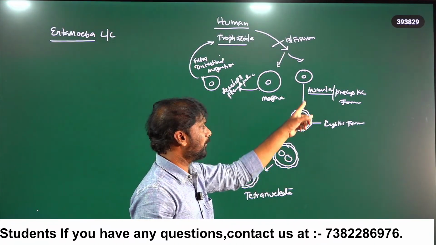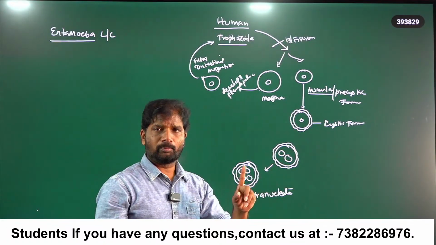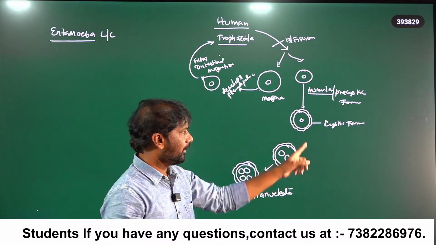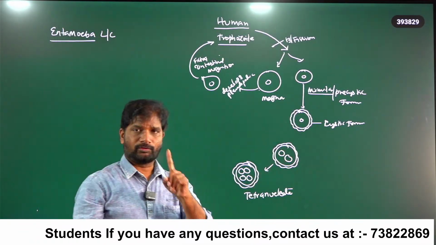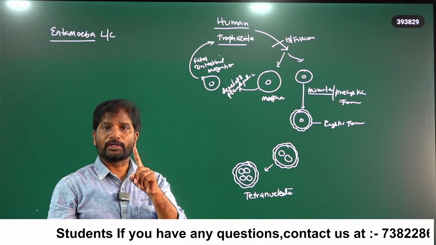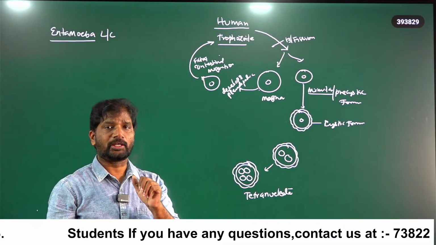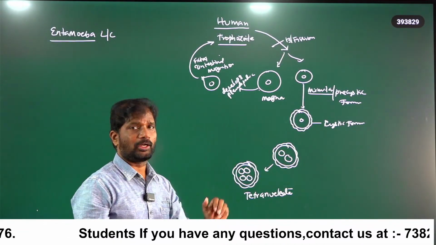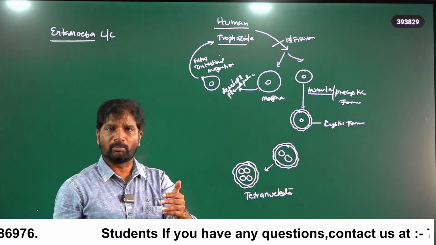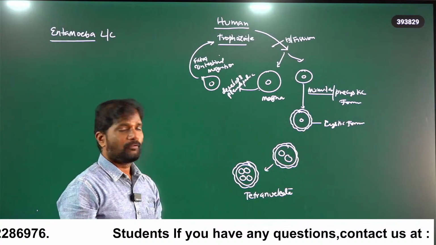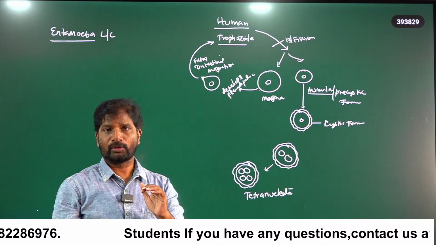This pre-cystic form develops the envelope or the cyst around itself, known as the cystic form. Now in this cystic form, a single nucleus is present. This nucleus undergoes one mitotic division and forms the two daughter nuclei, and each daughter nucleus again undergoes one mitotic division and forms the 4 nuclei.